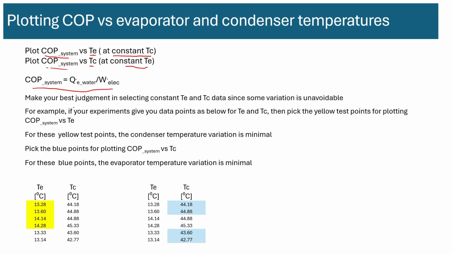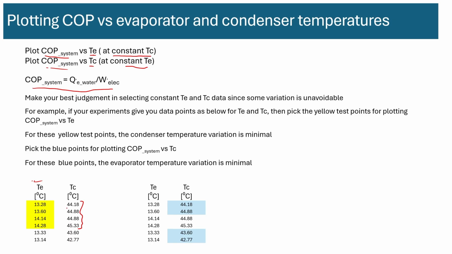Now, how do you make sure you get constant values of temperature while the other temperature is varying? How do you keep TE changing while TC is constant? If you follow the test points that were asked for in this video, the chances are you'll get something similar to this. Let's say these are the 6 temperature points that you got in your 6 tests. If you look at the yellow points here, all the condenser temperatures are roughly close together.